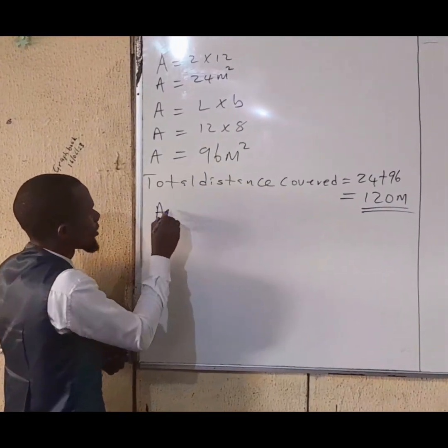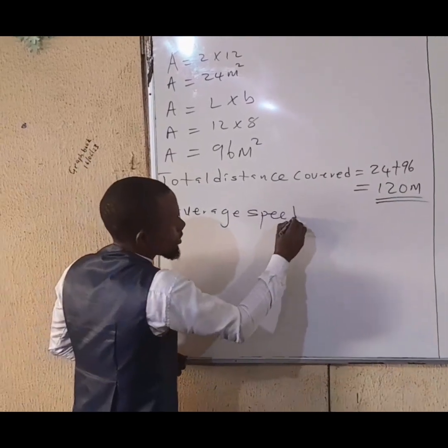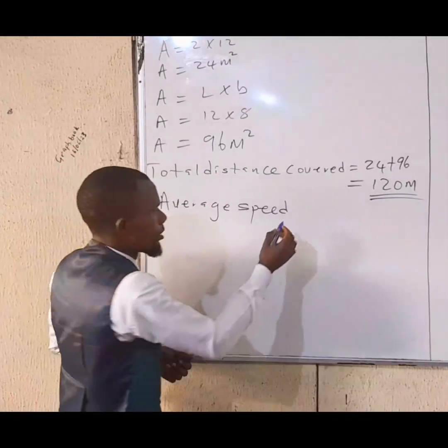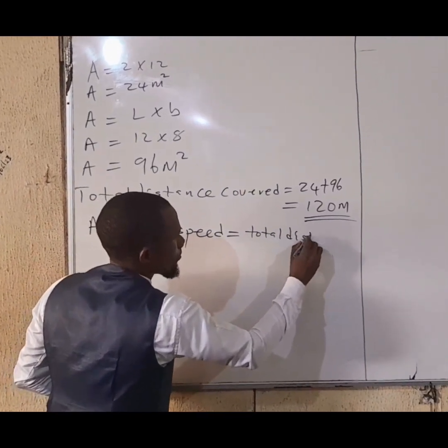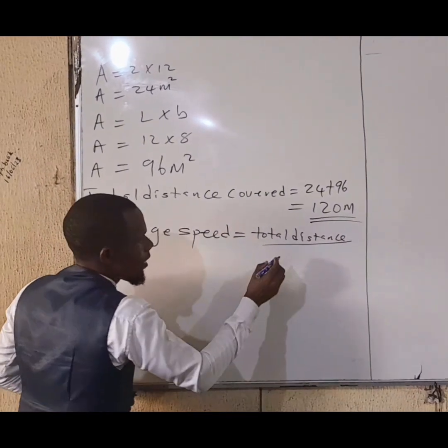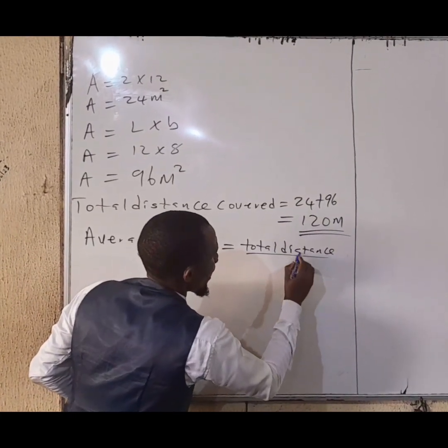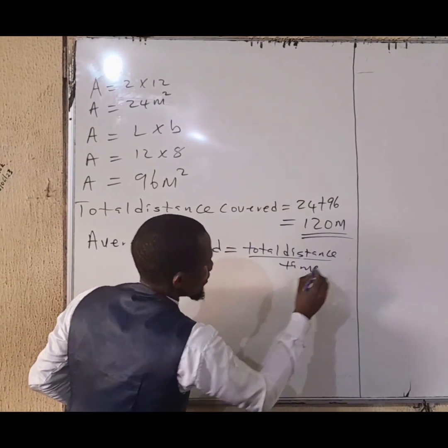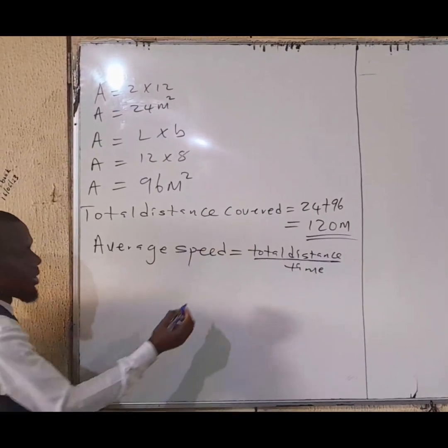So this is my average speed. So my average speed based on what was given in the question is equals to my total distance over my time taken.